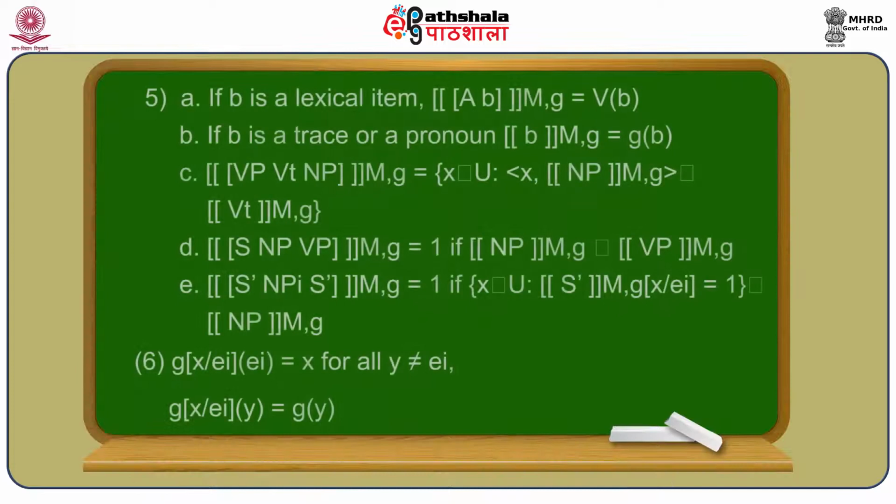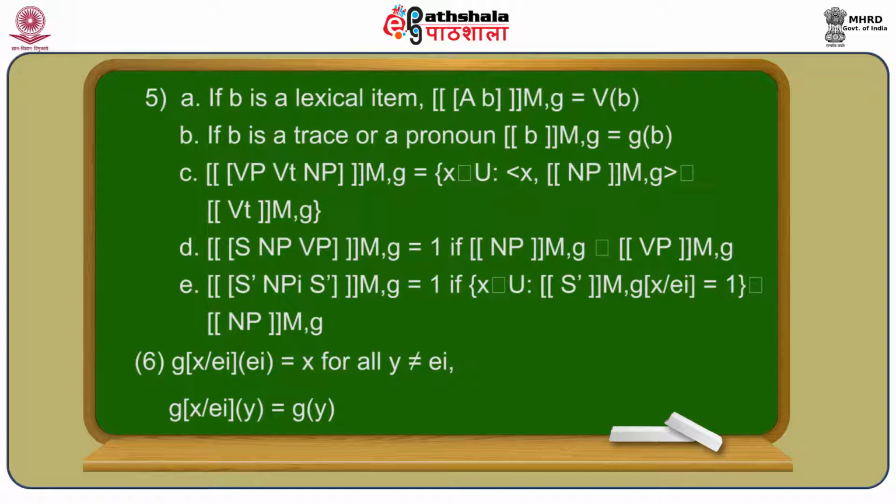What are our other rules of semantic composition? We can see this in 5. If beta is a lexical item, the semantic value of beta with respect to M and g is whatever the valuation function V assigns to beta. If beta is a trace or a pronoun, the semantic value of beta with respect to M and g is whatever g assigns to beta.